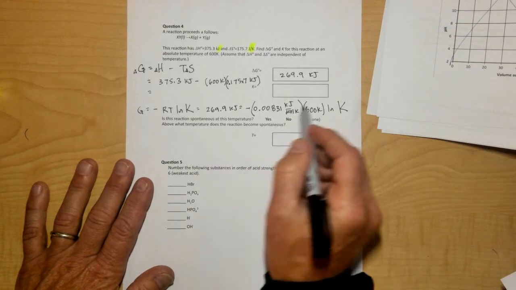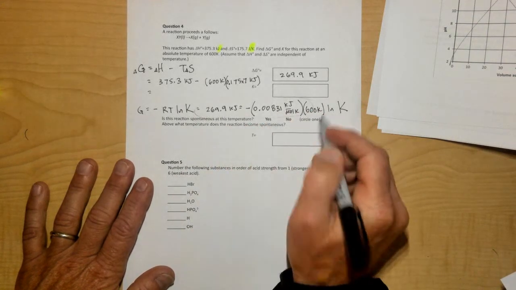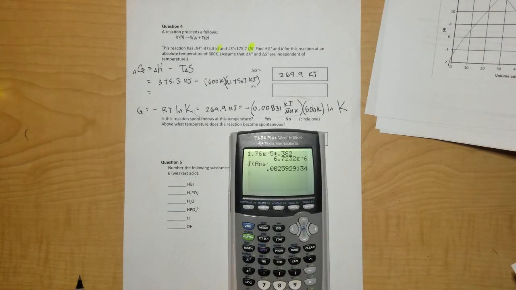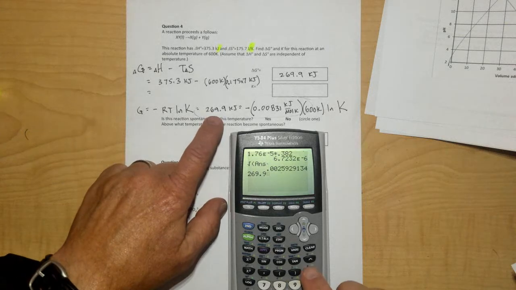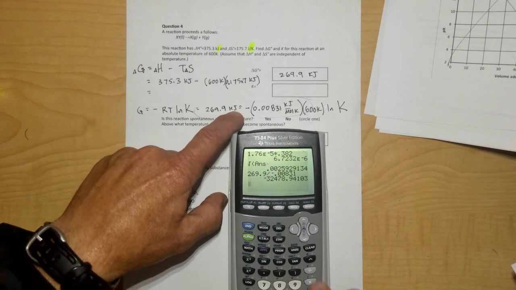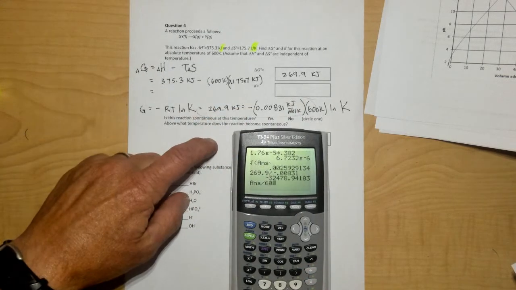So solve this part first, and then you have to undo the natural log on your calculator. And let's do that on our calculator so you can see how that's done. So first of all, 269.9, and then let's divide that by a negative 0.00831. Let's hit enter, and then let's divide that by 600.